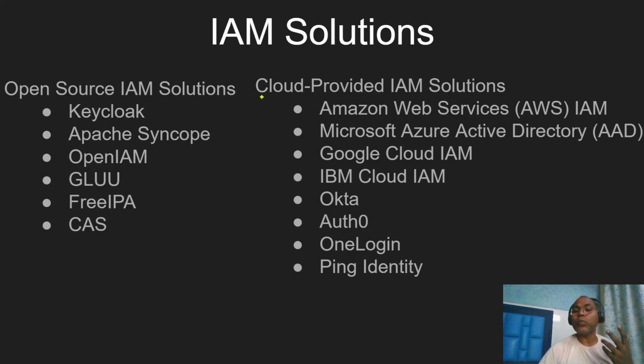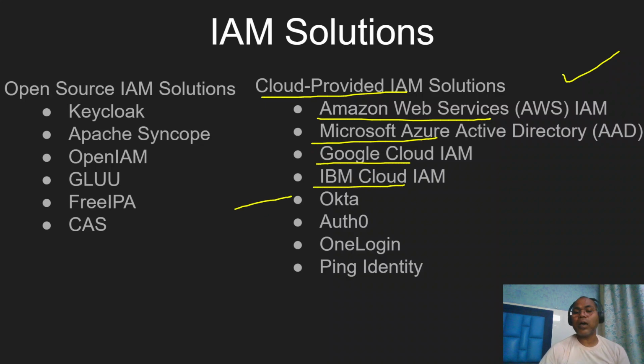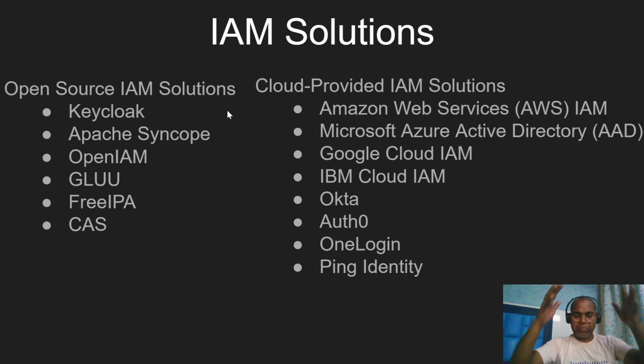If you go to cloud-provided IAM solutions, AWS has IAM, Microsoft Azure has one, Google Cloud has one, IBM Cloud has one, Okta also provides an IAM solution, Auth0 provides one, OneLogin provides one, Ping Identity, a huge list is available. Let's Google it, and you can find lots of data security and IAM solutions available for you.